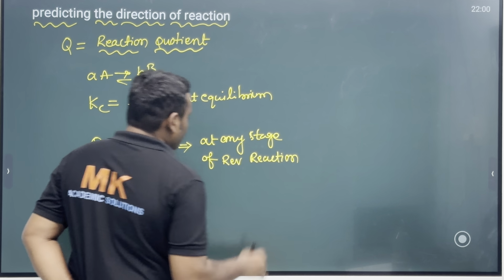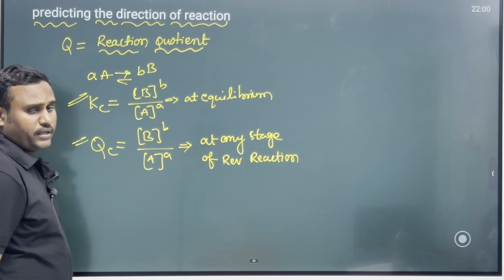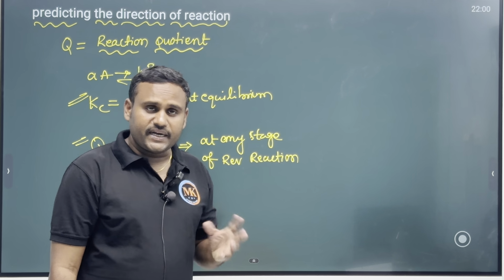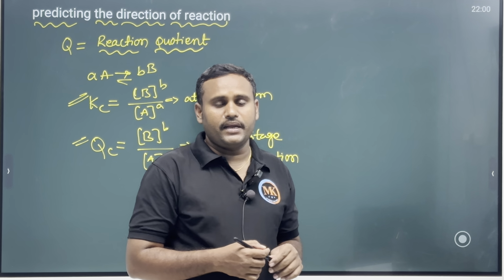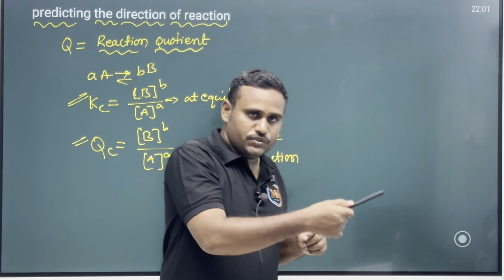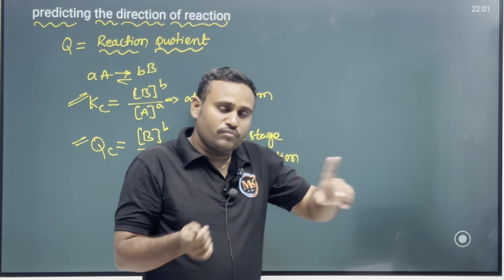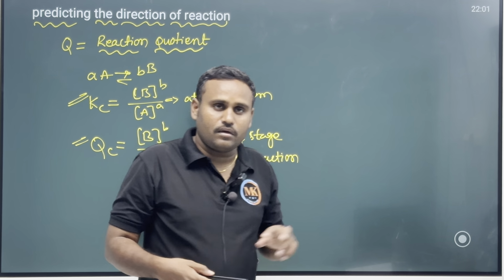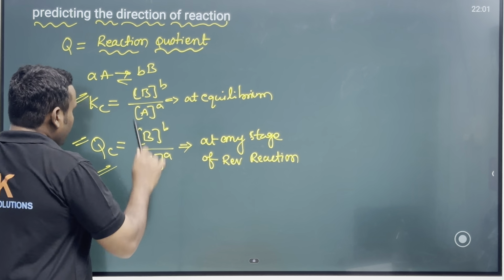By comparing the Qc value and Kc value, we can predict the direction of reaction. That means at a given condition, the forward reaction is going to occur, or the backward reaction is going to occur, or both forward and backward reactions are occurring with equal speed.